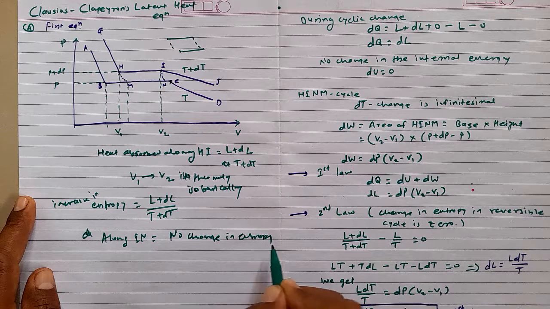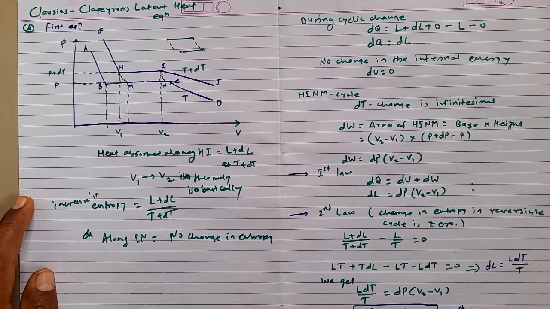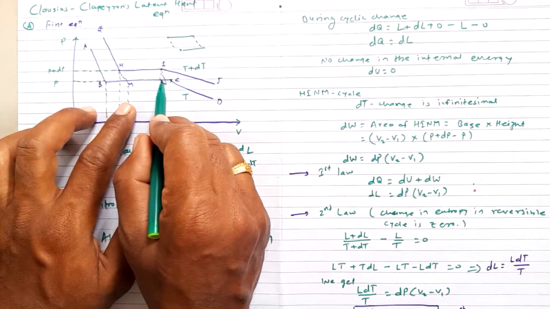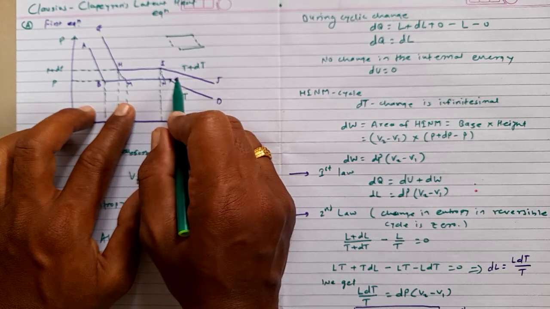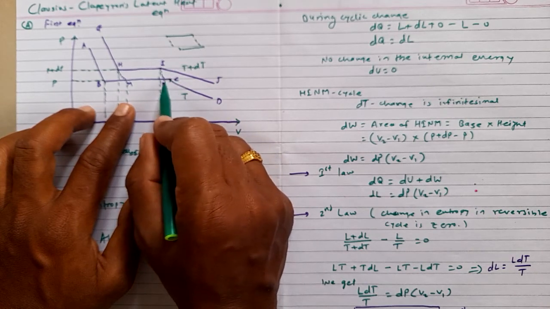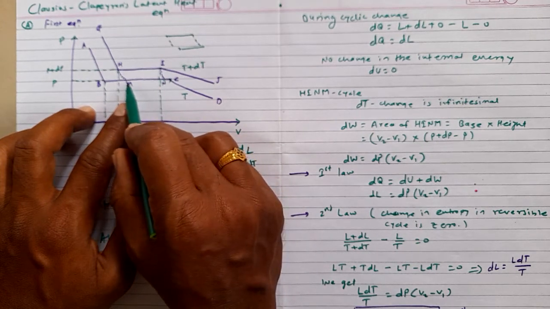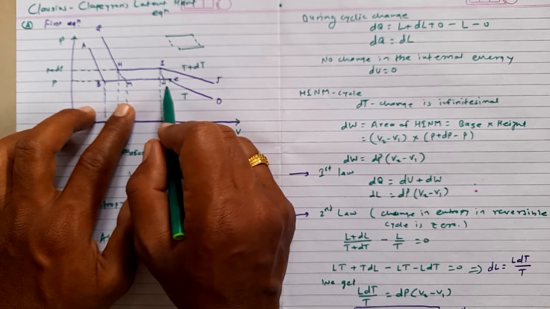Getting it? Okay, so now along the remaining curve NM, the substance gives out the heat equal to the latent heat L at temperature T, because we are at the temperature T. So it radiates its heat energy, equal to the latent heat at that particular temperature.